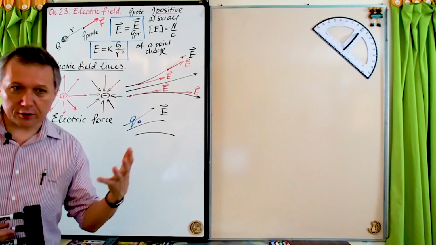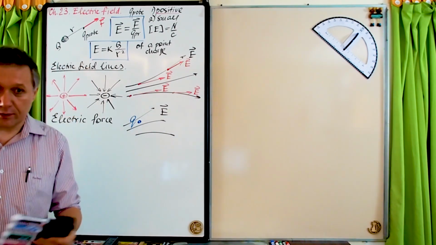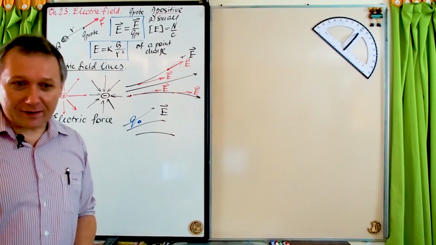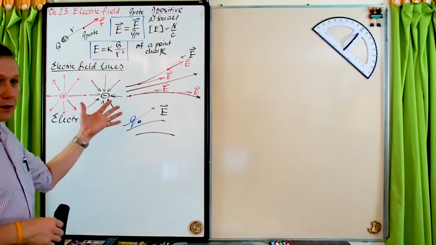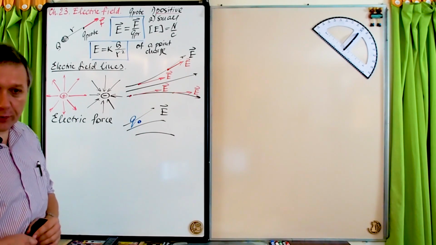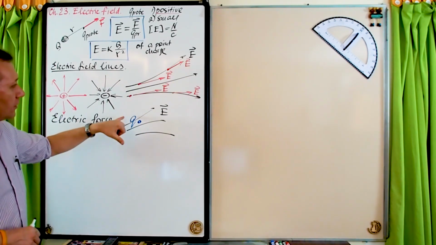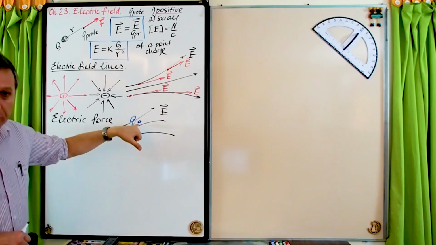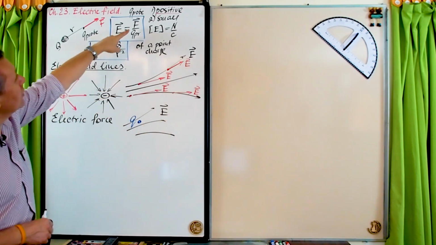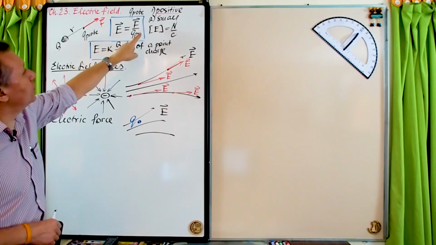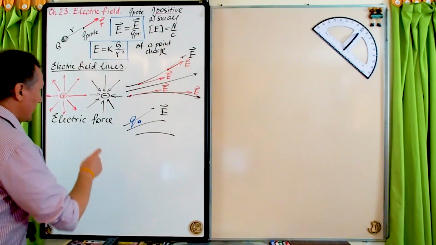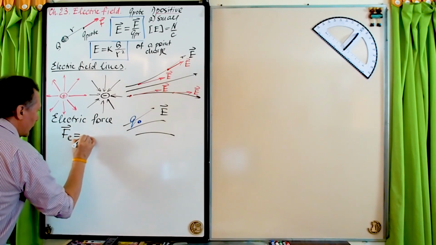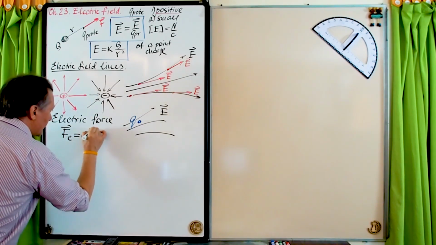Of course, that charge is going to interact with the electric field. God created nature this way, they interact, right? And we can find the value of the force by just multiplying the charge and the value of the electric field at the point where the charge is. Basically, just solve this formula for F. F will be equal to Q times E. So the electric force equals Q times E.